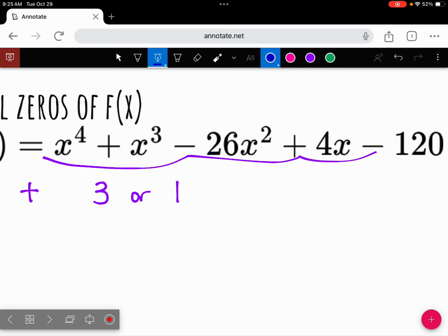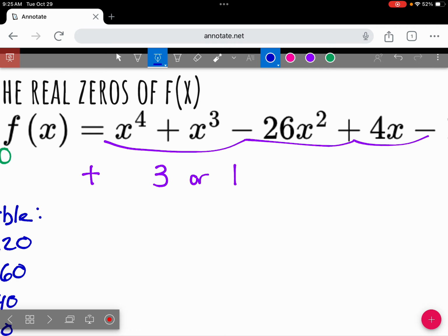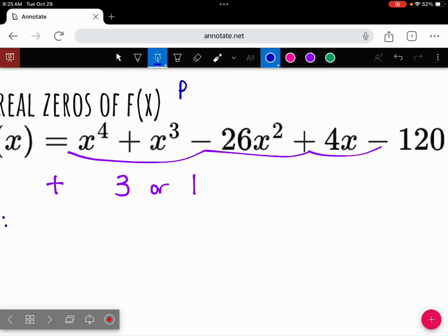So let's think about our f of minus x, and how that would do with our sign changes. The even degrees aren't going to change signs, so we have our positive x to the 4th. The odd degrees do change signs.